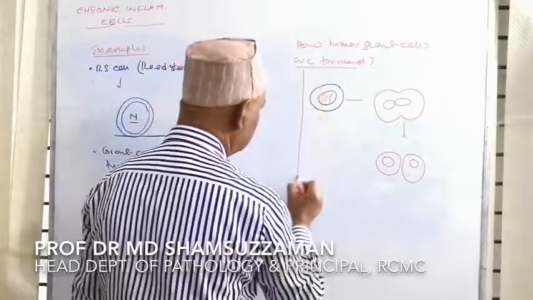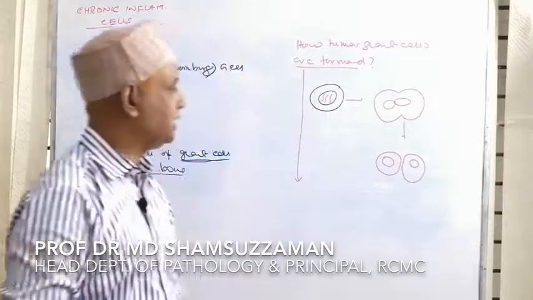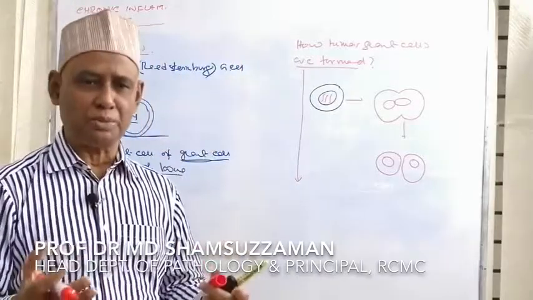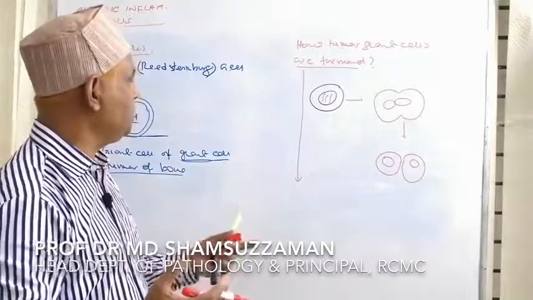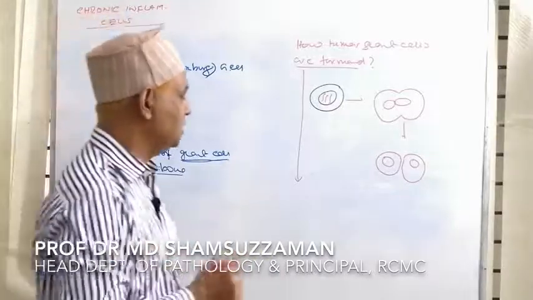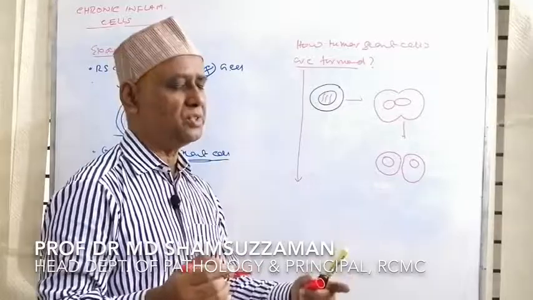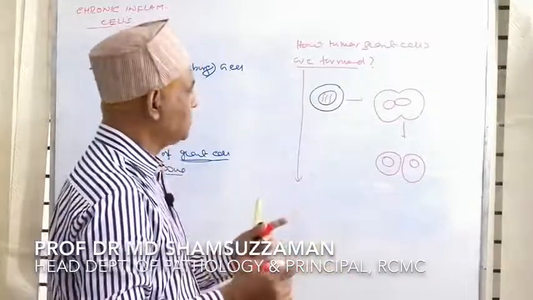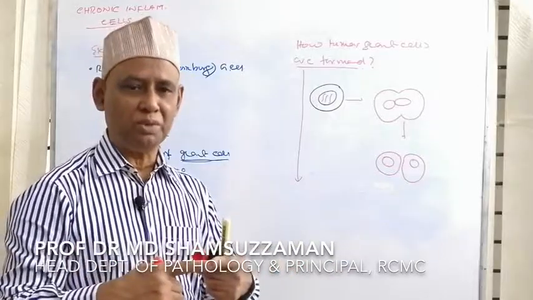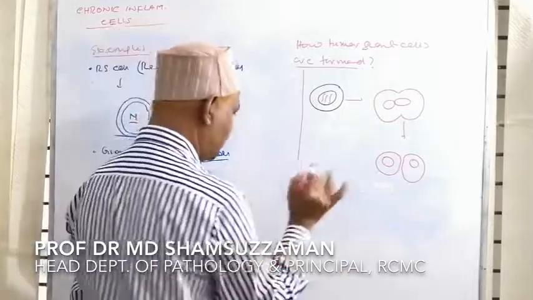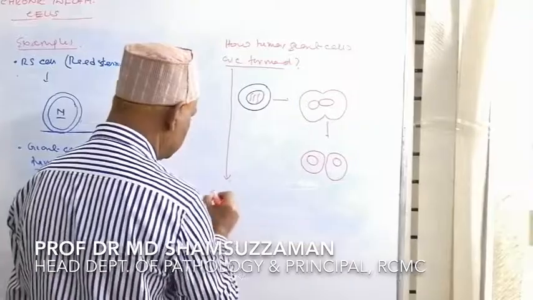In tumor, in cancer, there is rapid proliferation of cells. Due to rapidity of proliferation of cells, in cancer, what happens? The nuclear division is completed before the completion of cytoplasmic division. What happens in certain cancers?